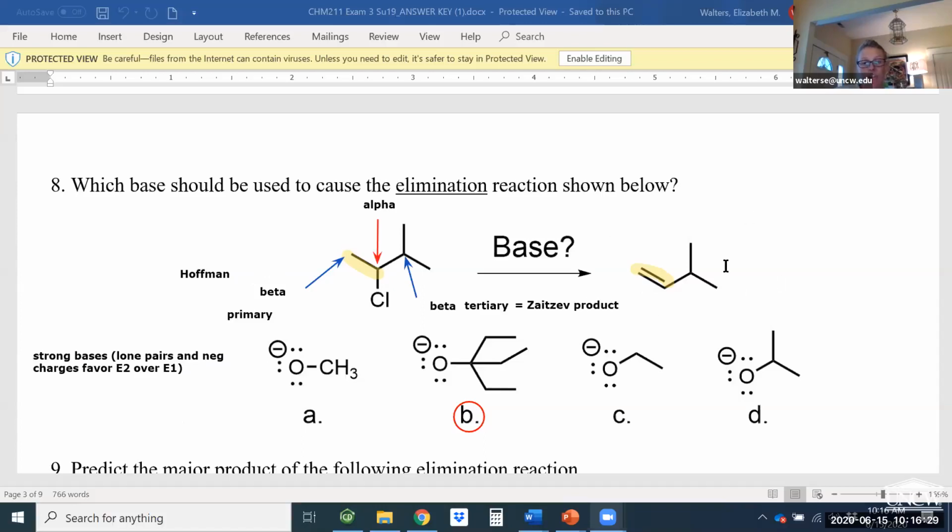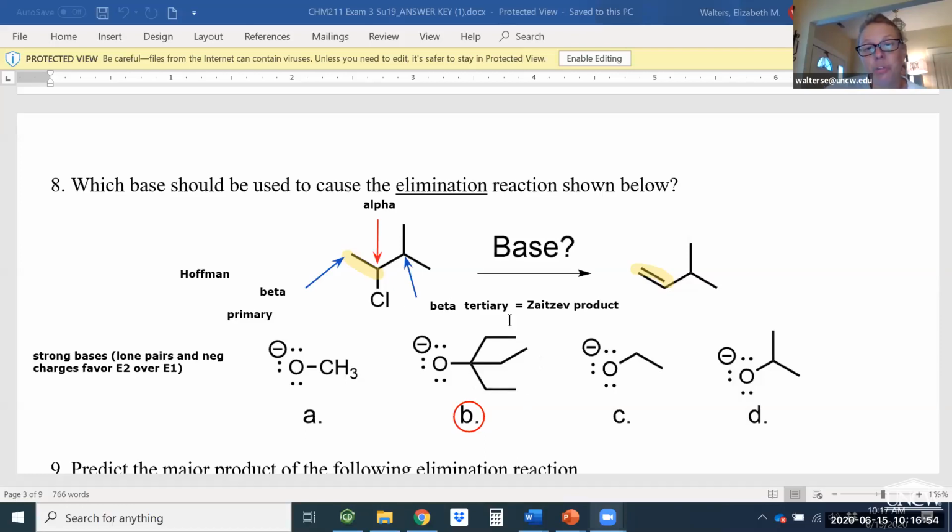The Hofmann product is only going to be formed as the major product in an E2 reaction with a big base. This is 1, 2, 3, 4, 5, 6, 7, bigger than tert-butoxide. I'd have to look up what this would be called, but this is huge. This is a big bulky base.